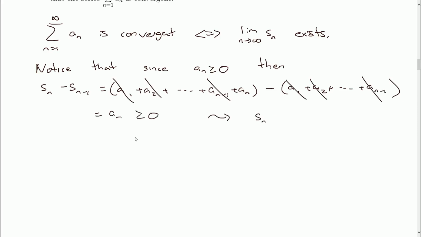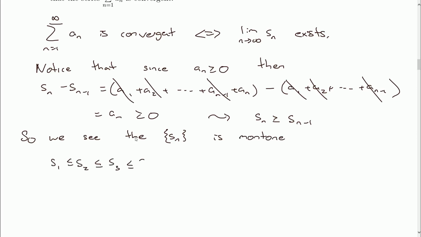So what does this tell me? Sn is greater than or equal to Sn minus 1. So we see the Sn sequence is monotone. S1 is going to be a lower bound, and we just keep going. Well, not that we keep going up, it's just that we never go back down.